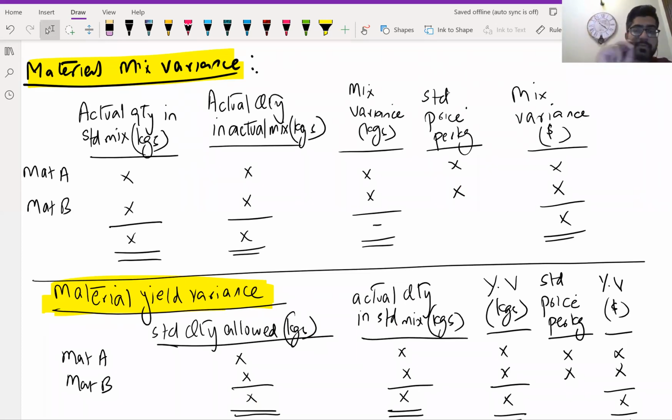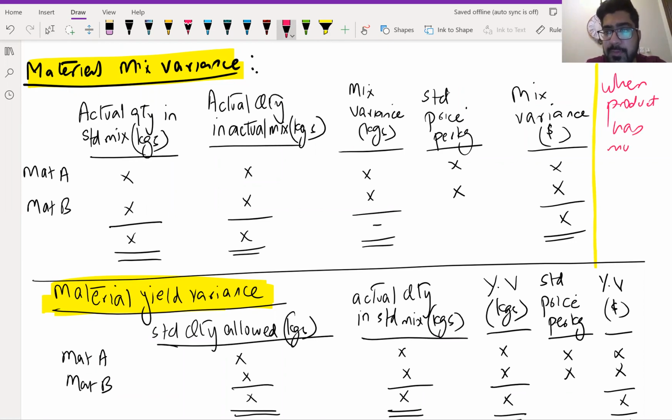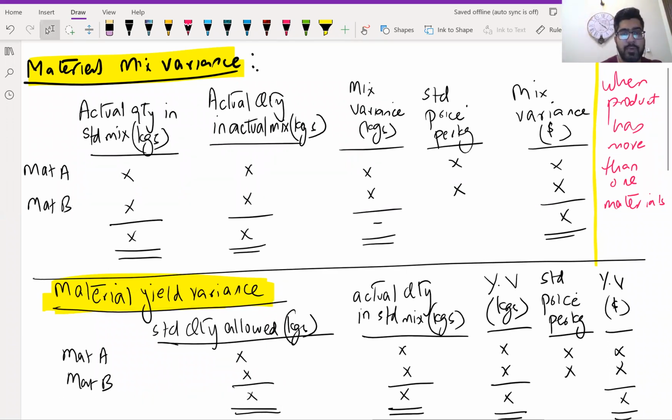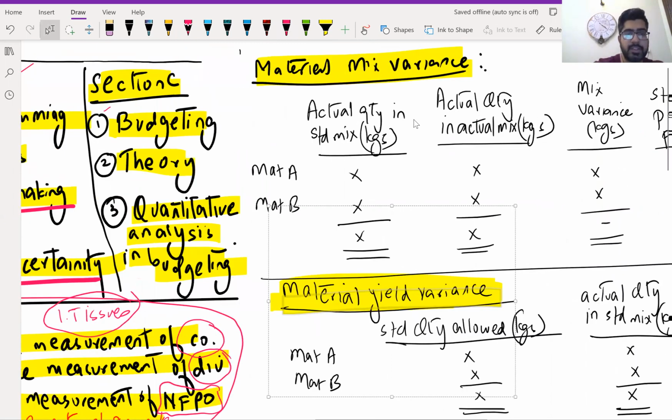Now, material mix variance. Remember, these variances, mix and yield, will only occur when the product has more than one material. So I want you to write these two things.